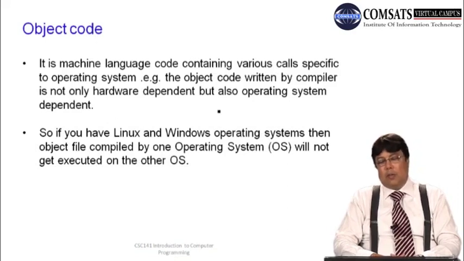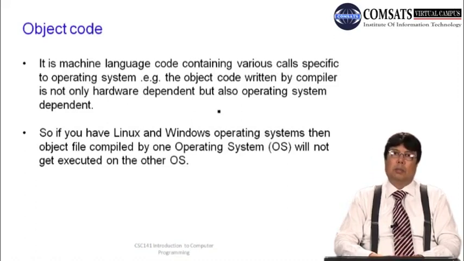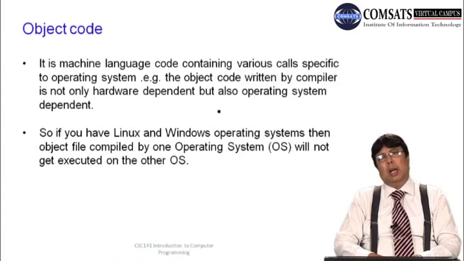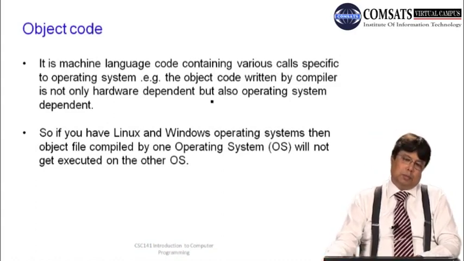So if you have a Linux or Windows operating system, then the object code compiled on one operating system will not be executed on some other operating system. But still, you can learn to generate an object code which is machine independent or platform independent. But this we will learn maybe at the end of this particular course.